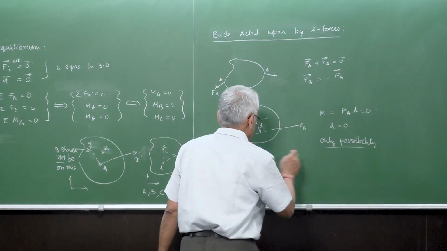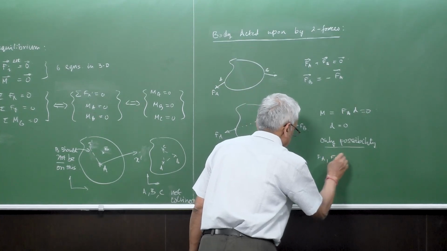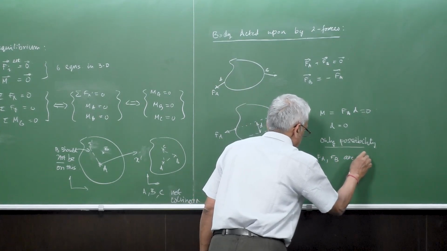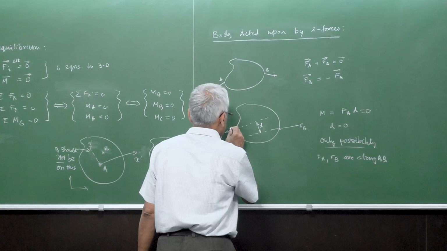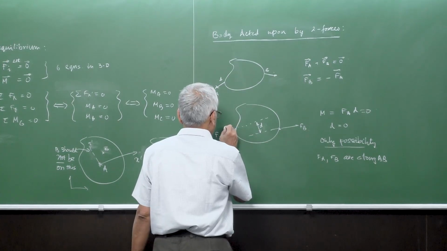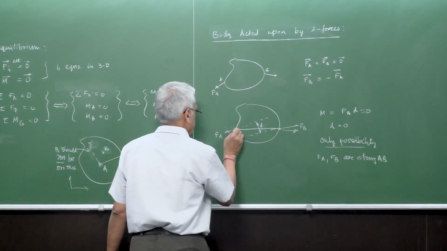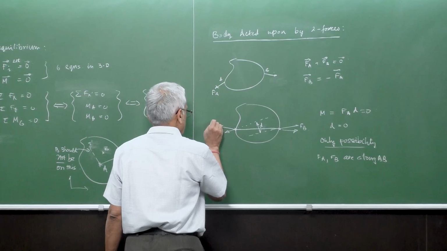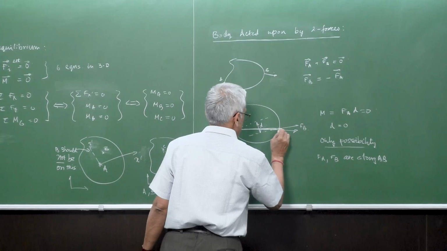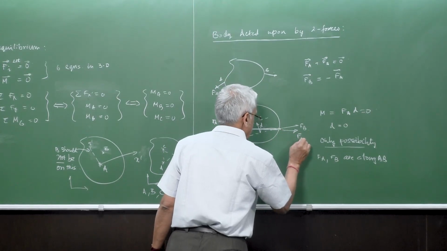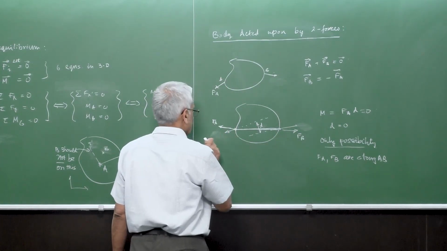Since they are acting at A and B, the only possibility is that Fa and Fb are along AB itself. If you draw a line AB here, then this is not right, and this is also not right.